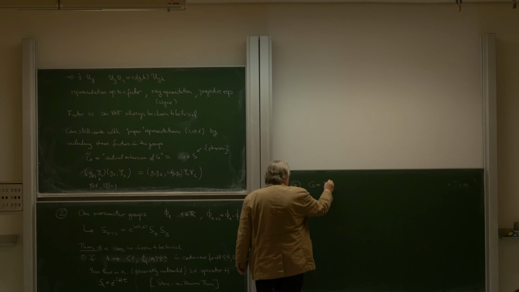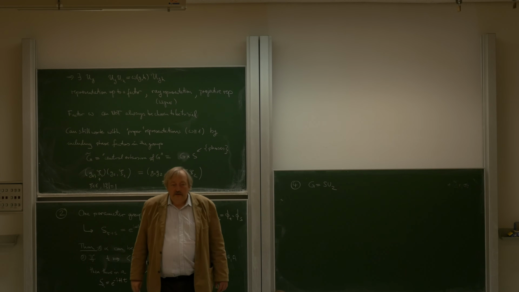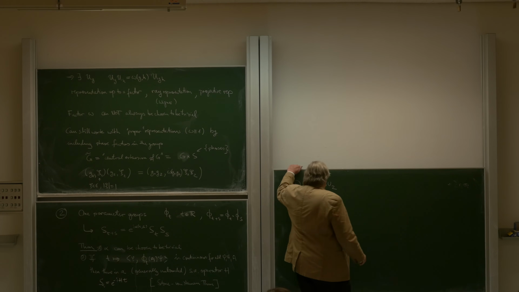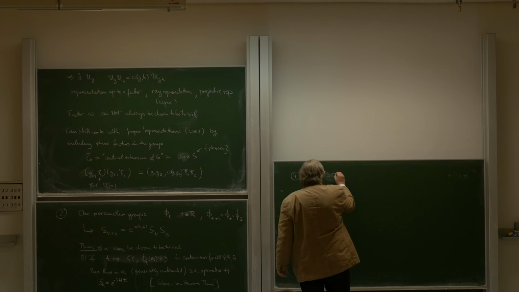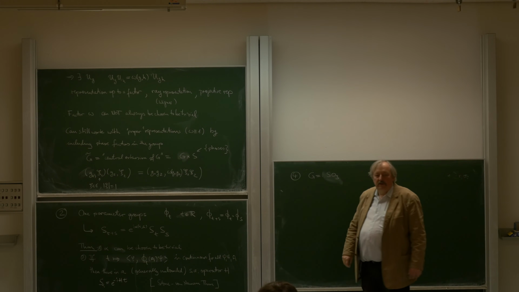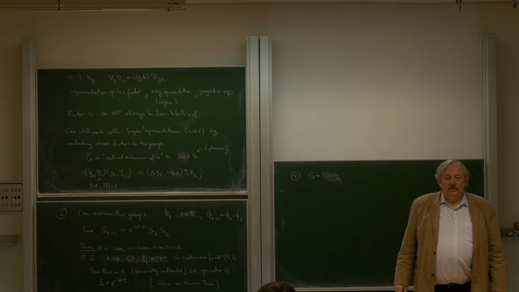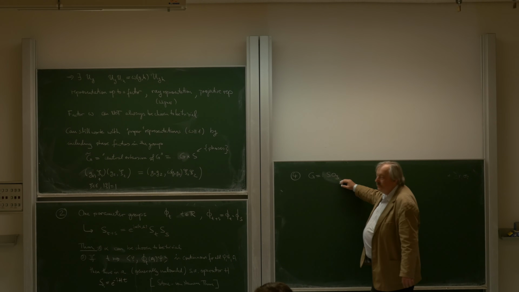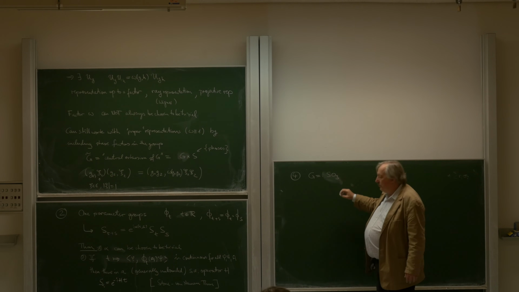Take the group to be SU2. Sorry, take the group to be SO3, the rotations. This is of course physically extremely important, because rotations play a big role in physics. If we make a representation of this now, it will generally be a projective representation.